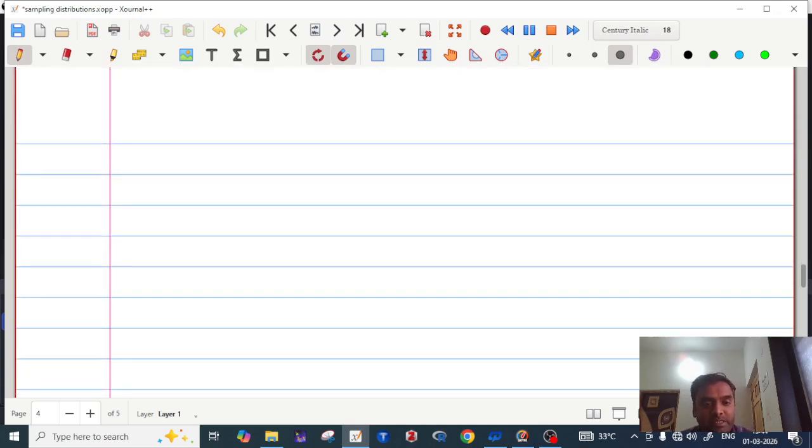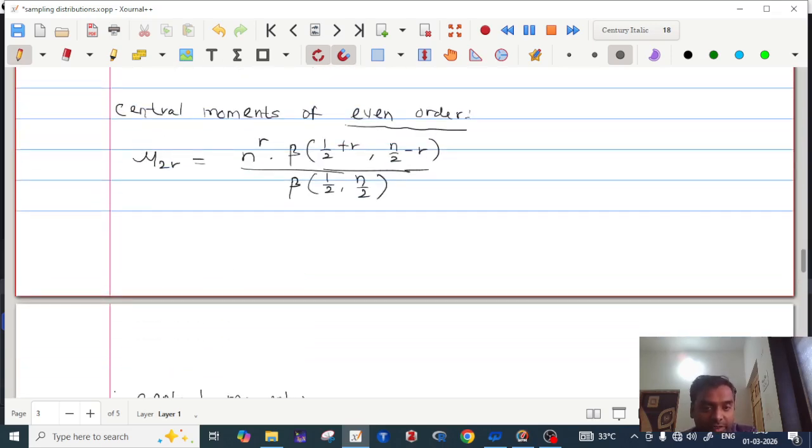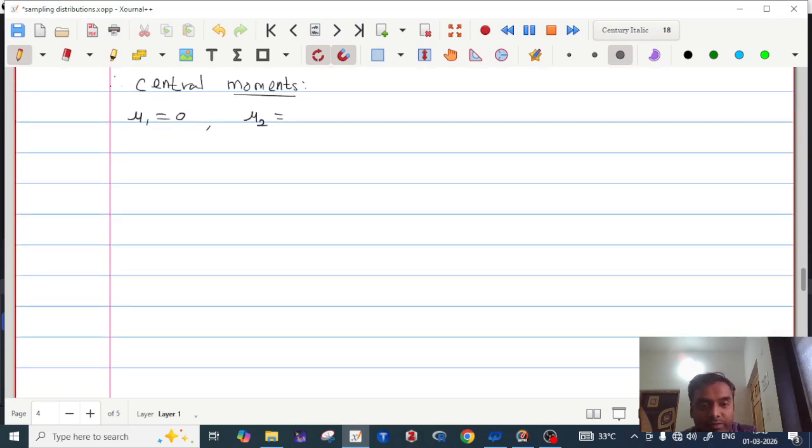So the central moments are: mu 1 is 0. Mu 2, if you put r equal to 1 in the above formula, you will get the variance, which is n upon n minus 2.